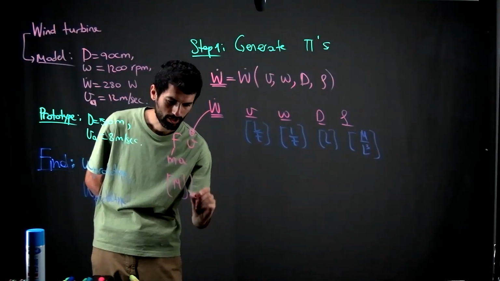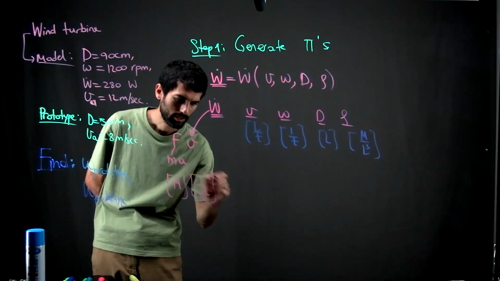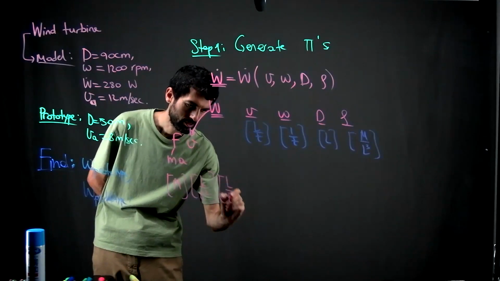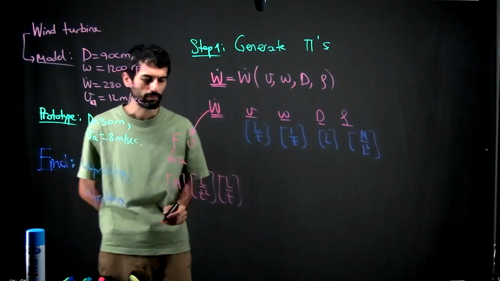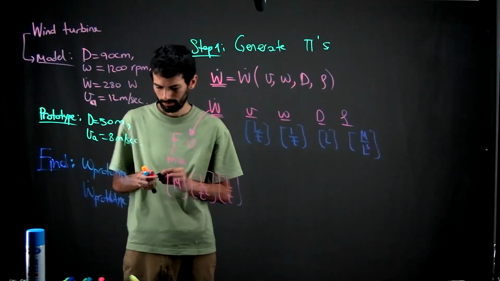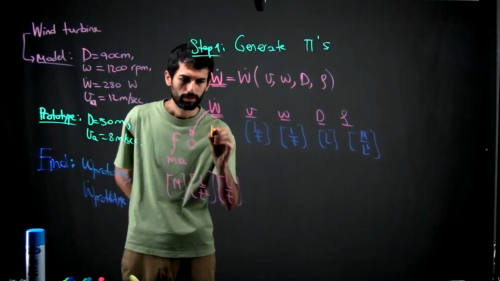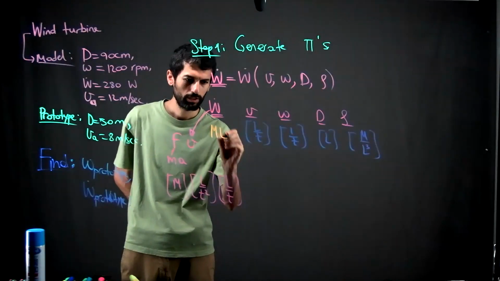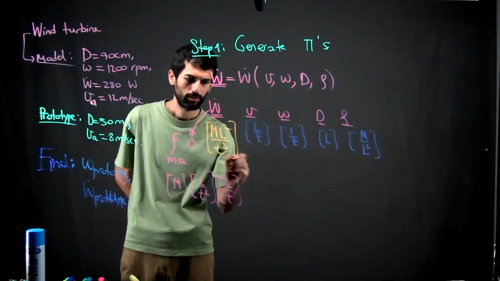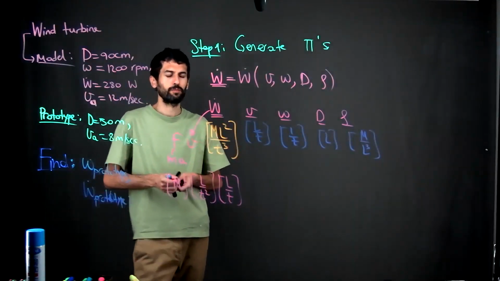The acceleration is the length by time squared. The velocity is length by time. Okay. The total is that you will have mass, and then length squared by time to the power of 3. That is for the dimensions.